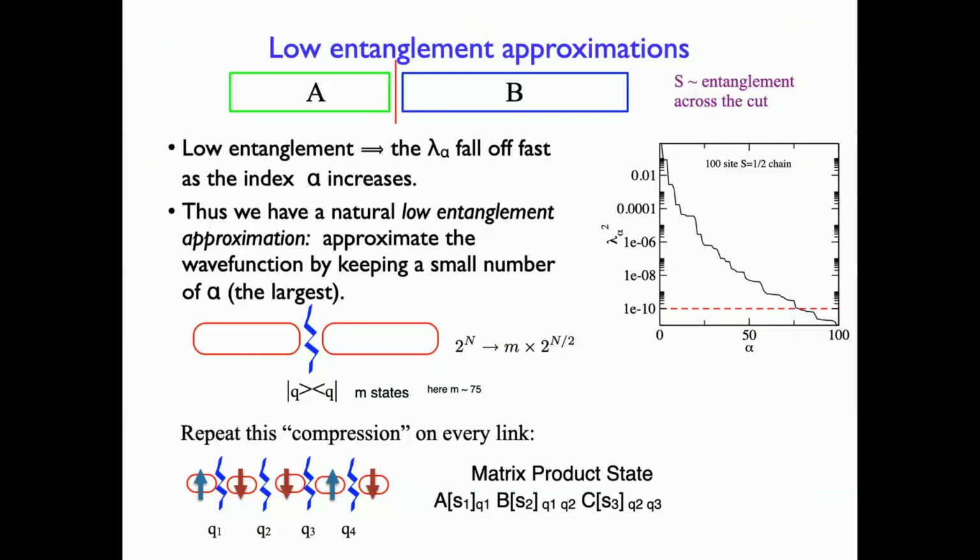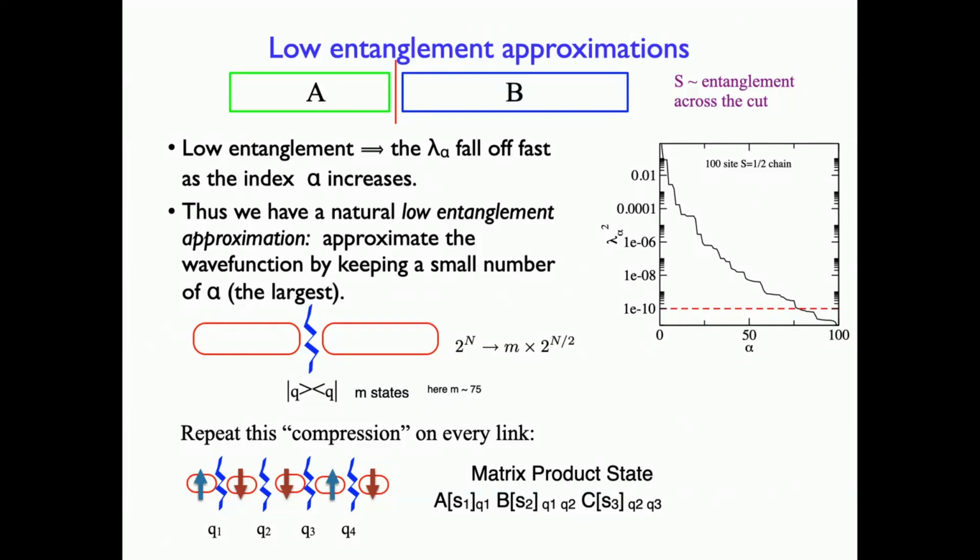Okay, this I wanted to show, this repeats some of what I said, but I just wanted to show what the lambdas are doing. So this is a 100-site spin chain, which we couldn't do exact diagonalization with, and so this is done with the DMRG, which will spit out the lambdas, and you can see what they're doing.